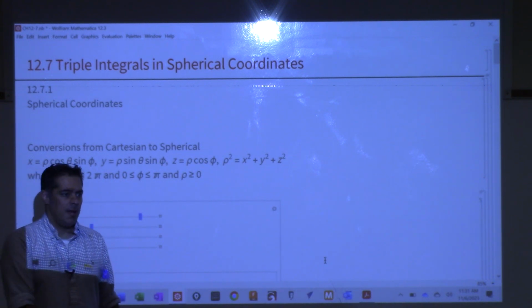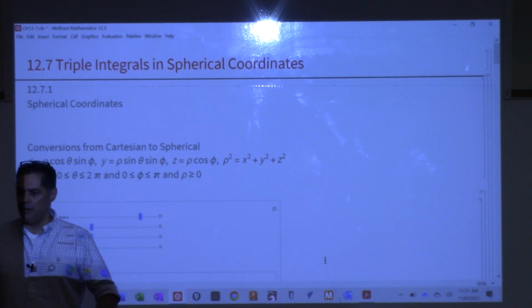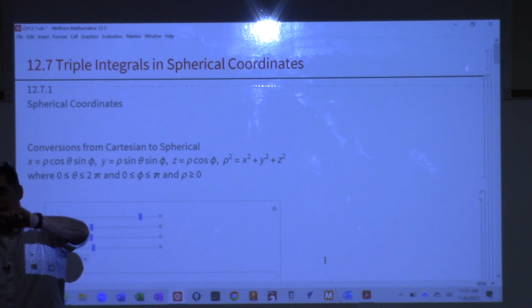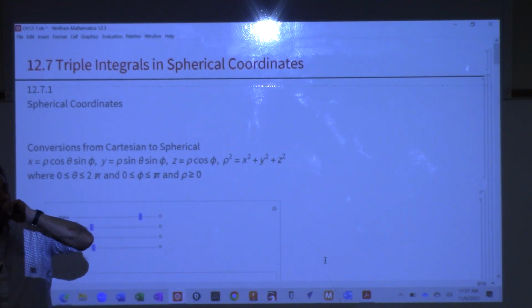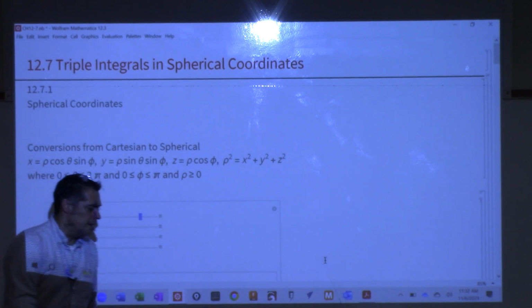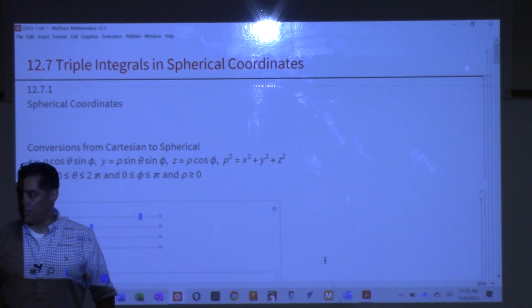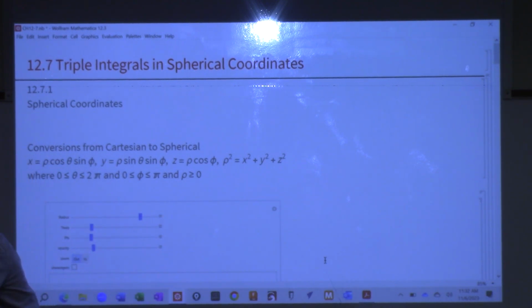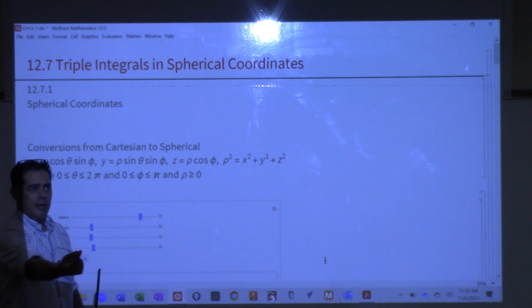X, Y, Z. Let's say we have a point in space. Let's let it be that sprinkler head over there in the corner. See that sprinkler head over there? Cartesian. X, you go Y, up Z. Cartesian. X, Y, Z, you're at the point.